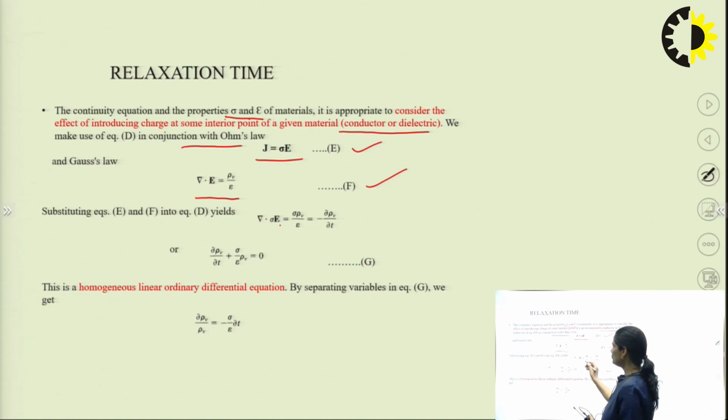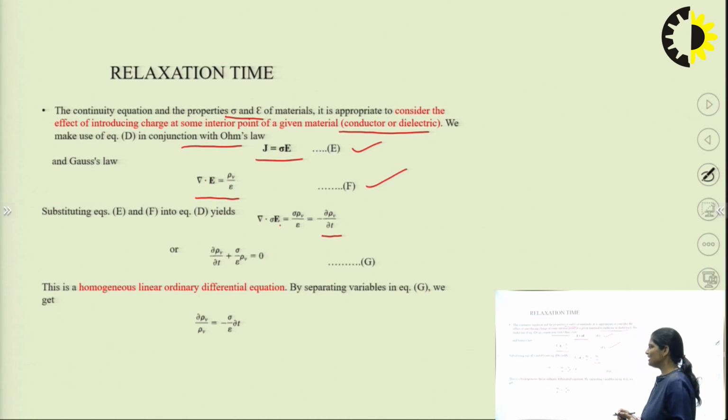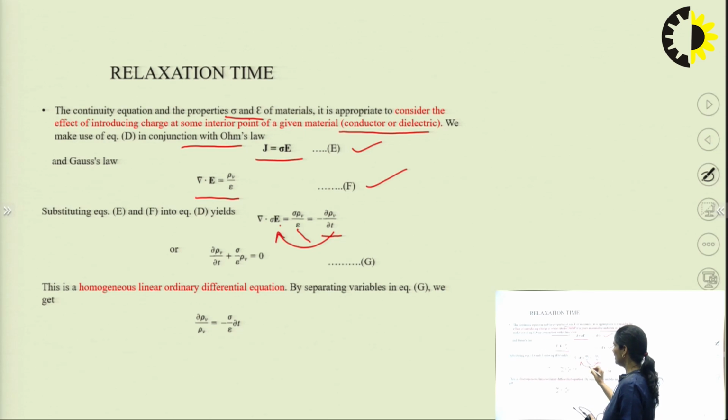Now when you get this relation, you can rearrange this equation. Taking the term to the left-hand side, you get del rho_v upon del t plus sigma upon epsilon rho_v is equal to 0.